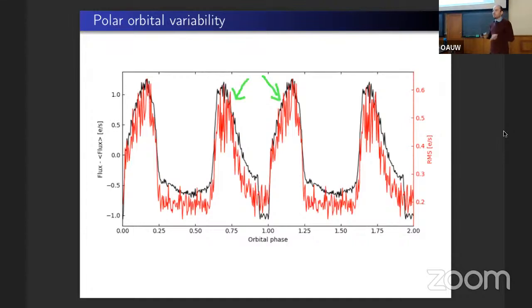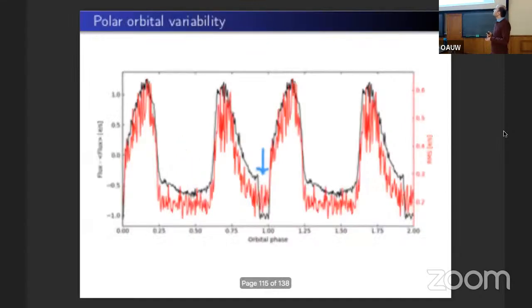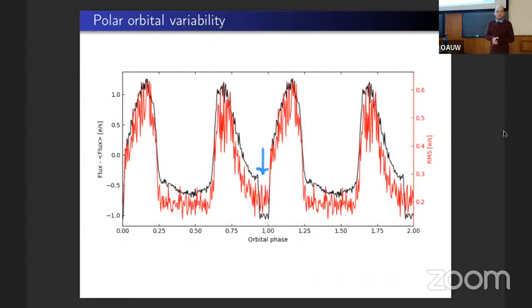So we see during one orbital phase two brightenings because here the accretion is onto two poles. We see a plateau between them, but also we see a deep eclipse that this time is due to the main sequence star. So even though the light source is eclipsed completely, the flickering is not eclipsed at all. So this is even more confusing.